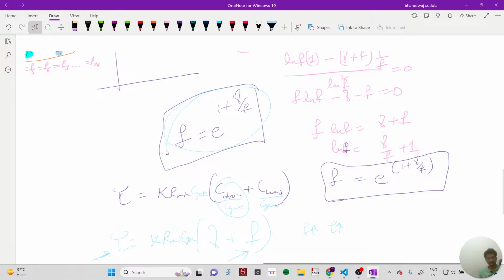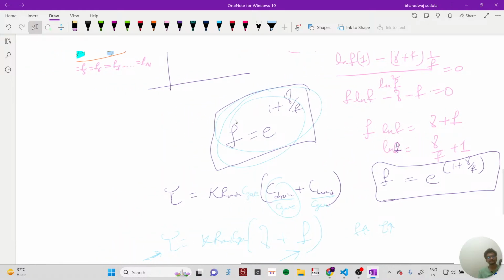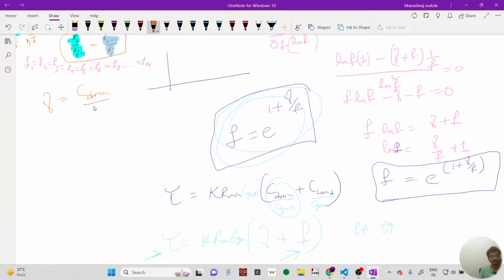So from here, I'll pull out some useful insights. See, gamma is C drain cap by C gate cap. Usually it is almost equal to 1. I'm emphasizing this a lot. Okay. Drain cap can't be 0, right?